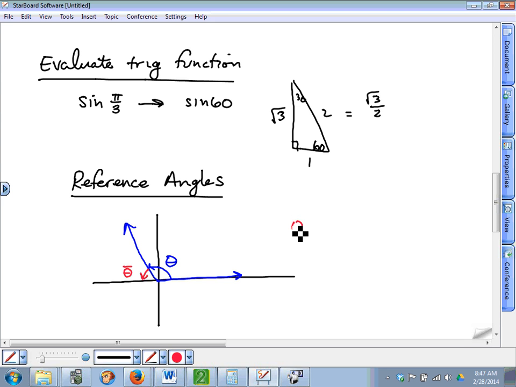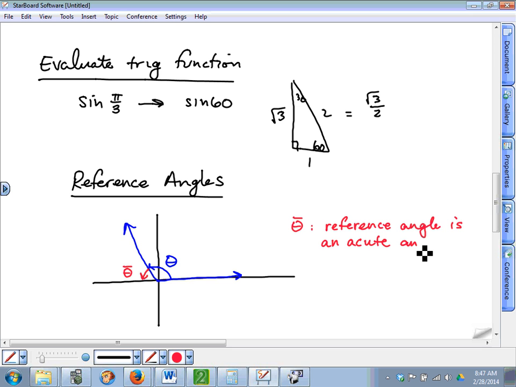Okay. Let's define this here. A reference angle is an acute angle, meaning less than 90. Reference angles are always less than 90.